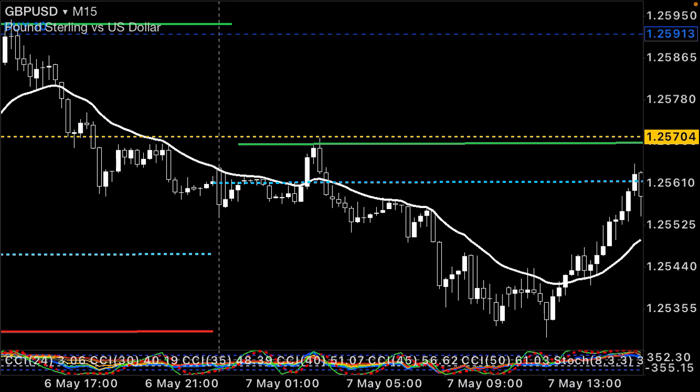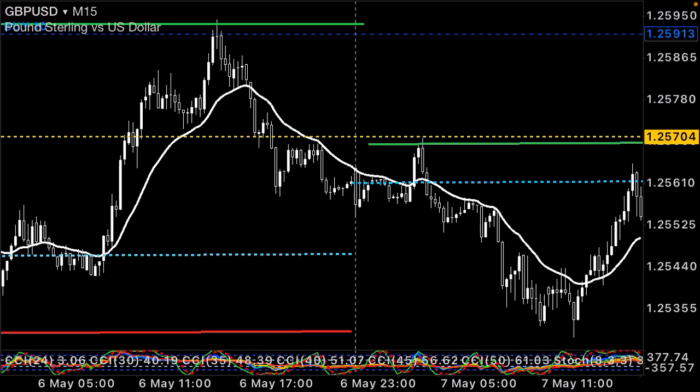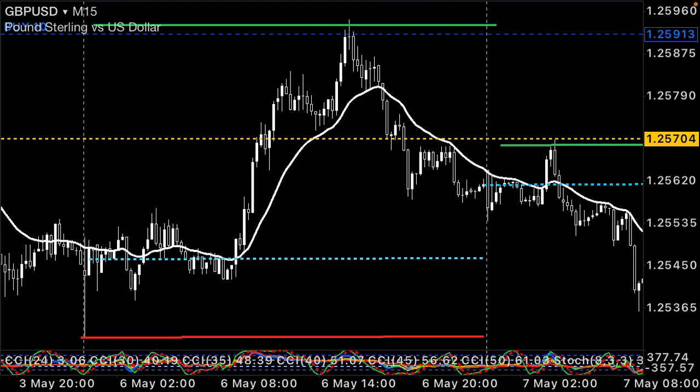So we have day 1, previous closing price on Sunday, and then the market started off going down, up, down, up, down.